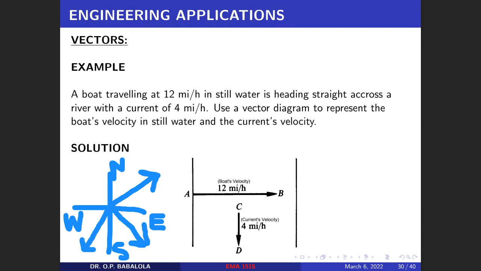You can have an object traveling northwest. Okay? So you see, everything has a direction. You also can have an object traveling directly eastward, westward, northward and southward.